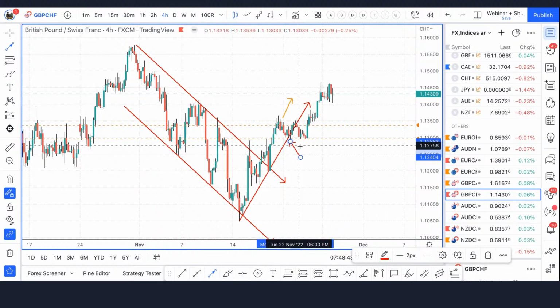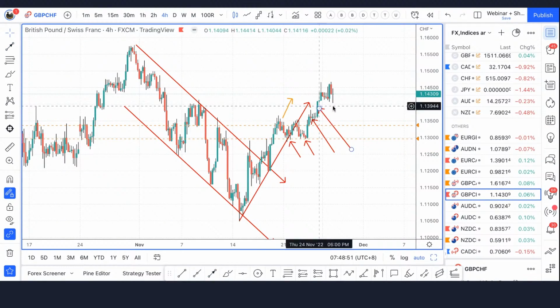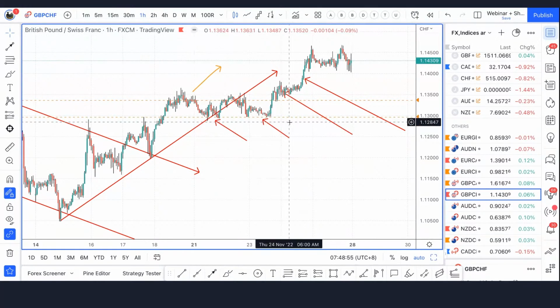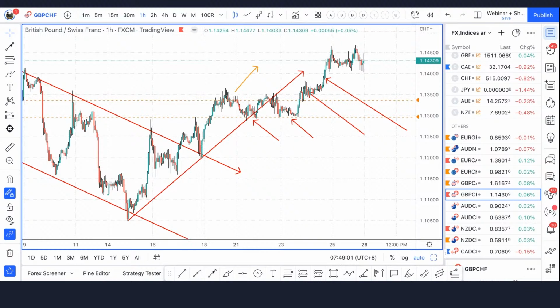So let's say if you have some setup over here, or you play the breakout, there are quite a number of places where you can go long. Pullbacks, you can go long, or when it breaks out, depending on what style of trading you have.